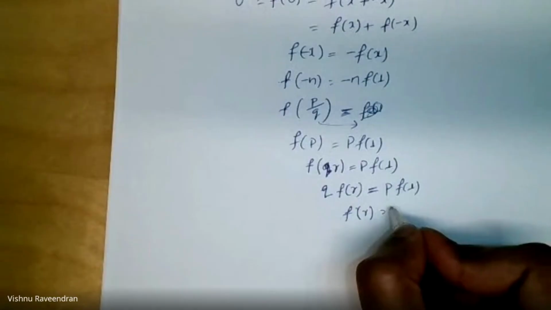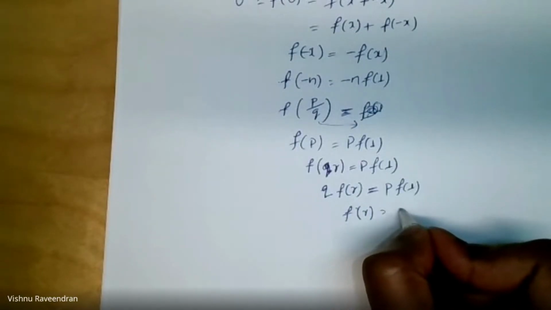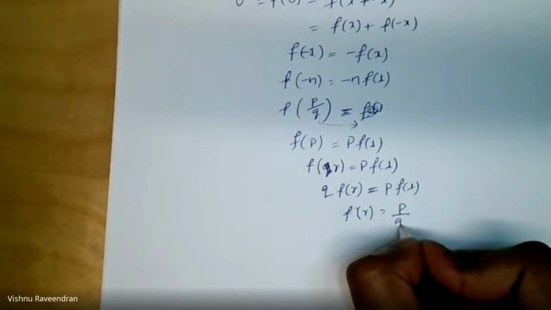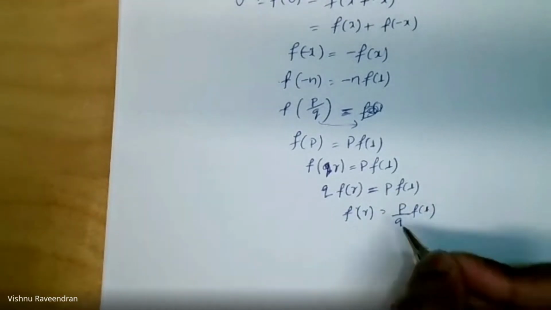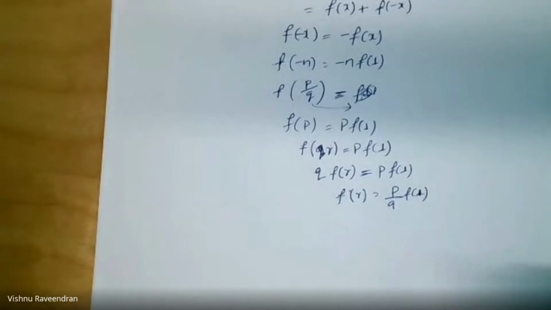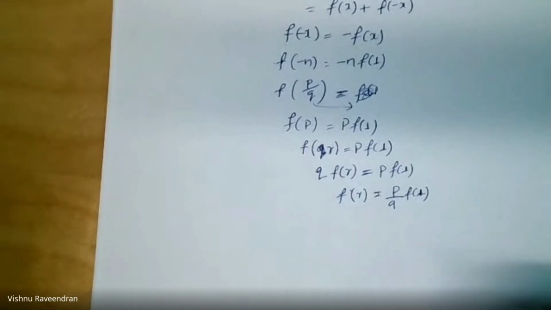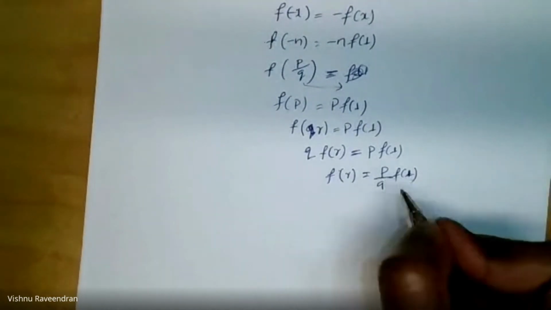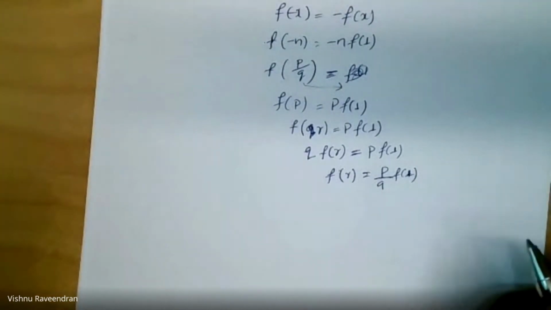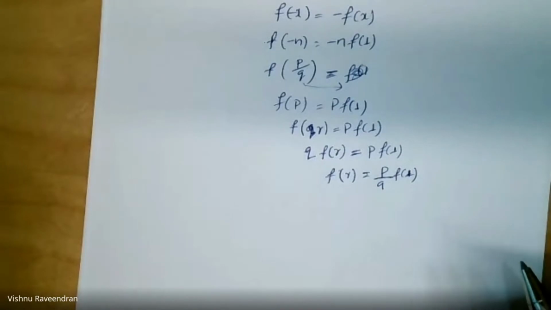And then f of p by q is equal to p by q into f of 1. So f of r is equal to p by q into f of 1. Yes. Then what will be the next step?